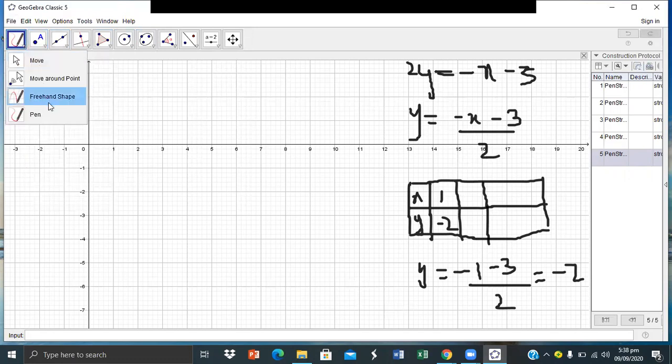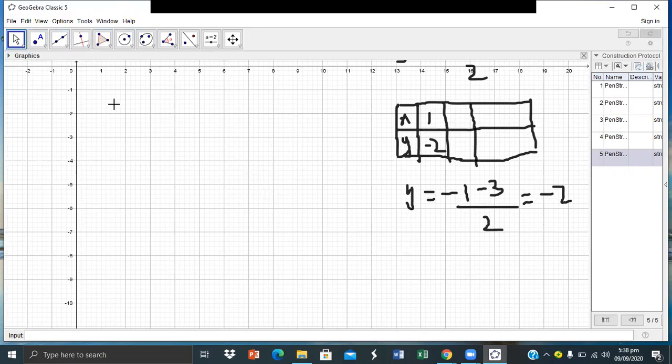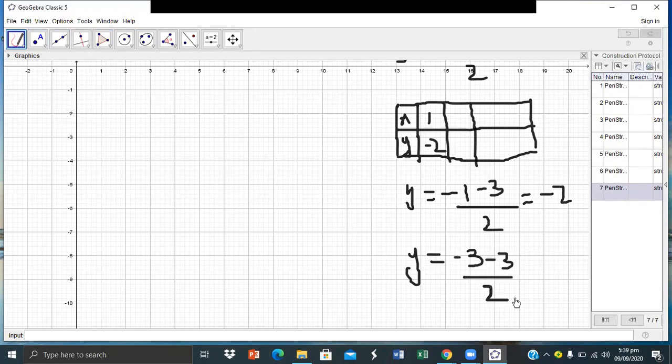So now I place x as 3. You can place values randomly as well, it's up to you. So I place minus x in place of x as 3. When I place 3, I get minus 6 over 2, which means minus 3.